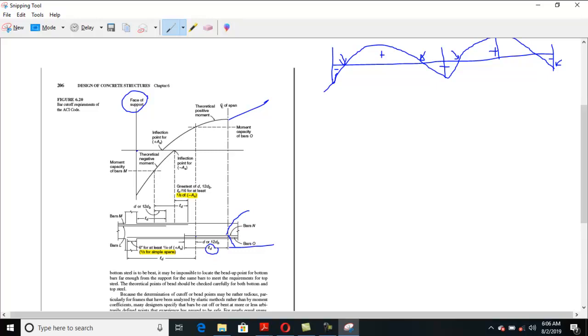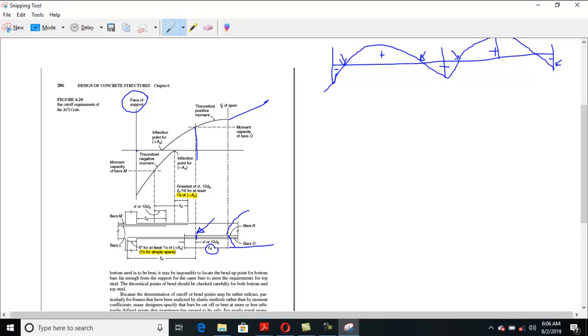Now, what important information is there: if this point is your theoretical point, clear? This is your theoretical cutoff point. From previous discussion, I made it clear that at the theoretical point we do not cut the bars; we cut the bars at the actual cutoff point.